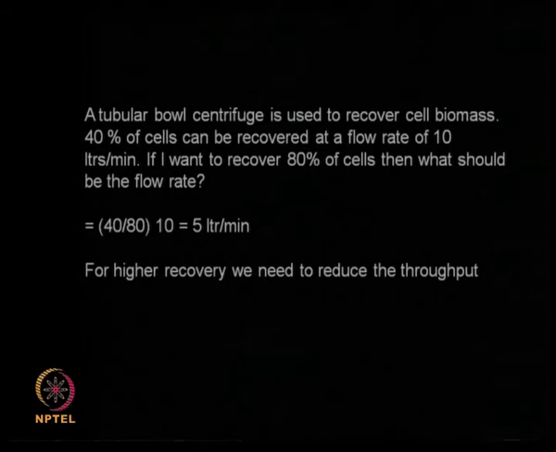That means you want to have 80% of cells recovery, that means you would like to improve the efficiency. So obviously you have 40 divided by 80 and 10 is the original flow rate. So the flow rate has to be reduced by a factor of 2. So if I want to improve the efficiency, obviously my throughput goes down. So the higher the efficiency, the throughput has to go down.